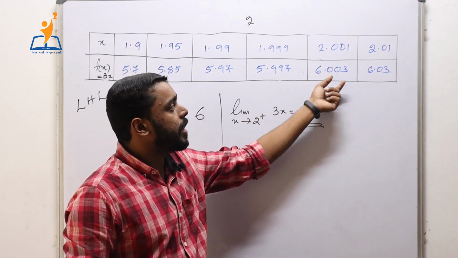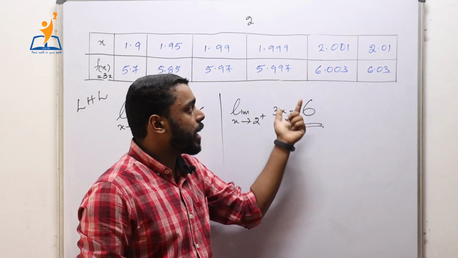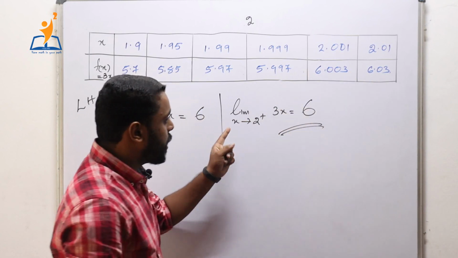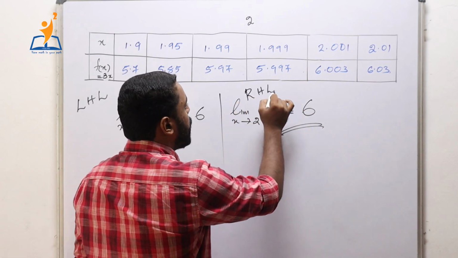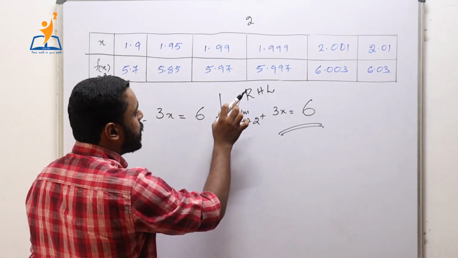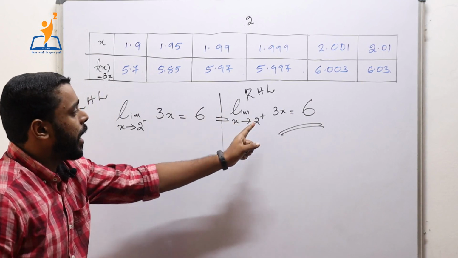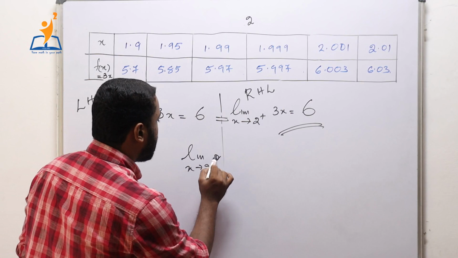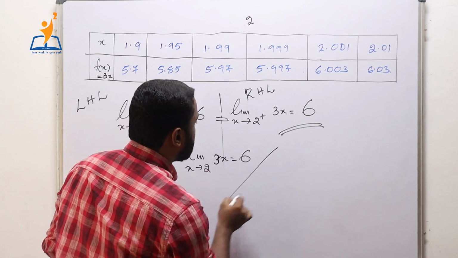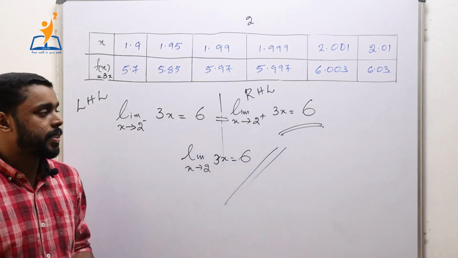Then we can see that the output values are also decreasing to 6. Hence the right hand limit is nothing but 6. See, the left hand limit is equal to the right hand limit. Hence we can say that limit x tends to 2 of 3x is nothing but 6. It is as simple as that.